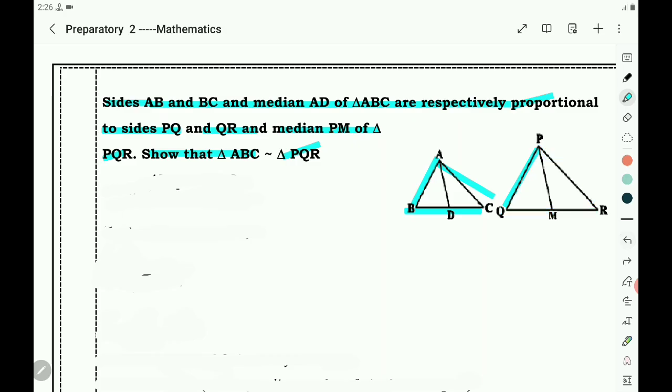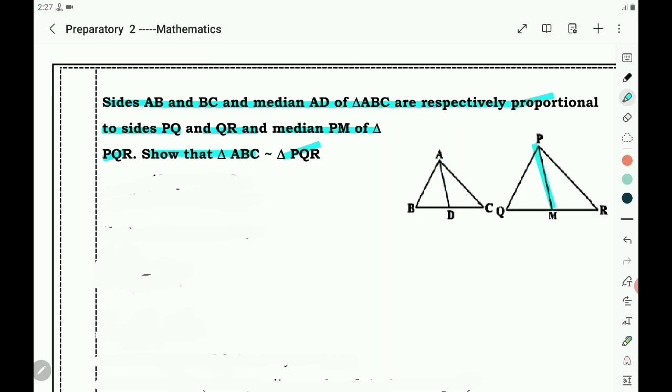Given that sides AB, BC and AD are proportional to PQ, QR and PM, means AB by PQ equals BC by QR equals median AD by median PM.